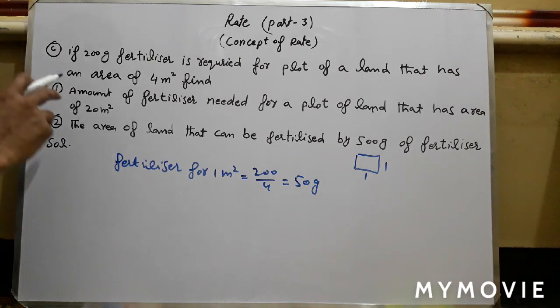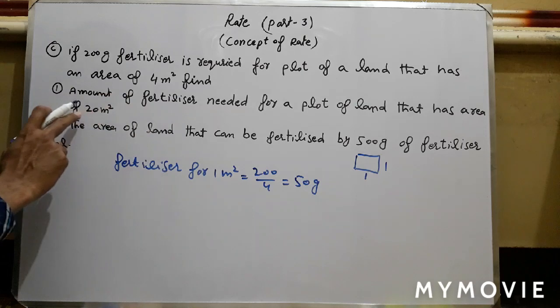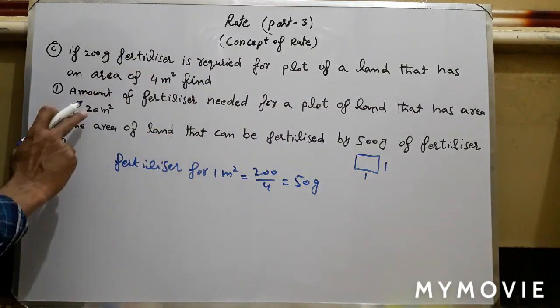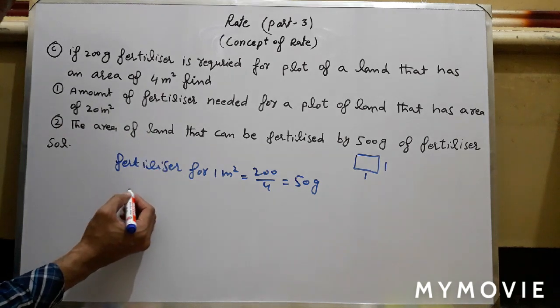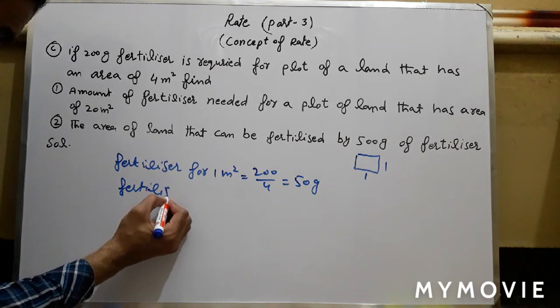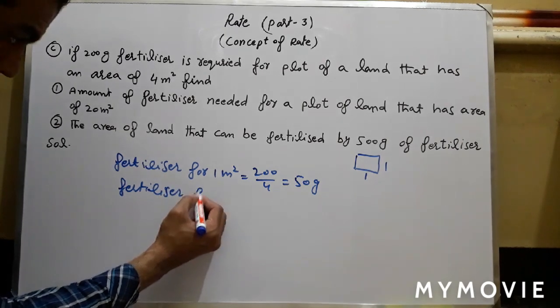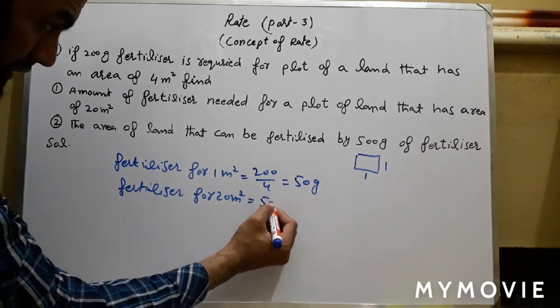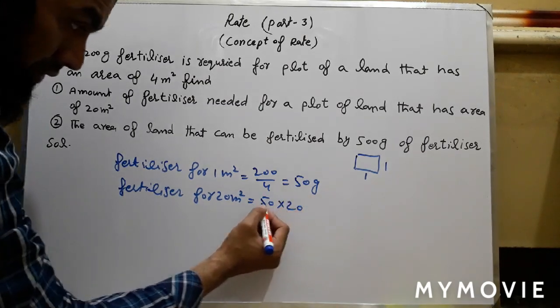And we find out the fertilizer needed for 20 square meters. Just simply 20 multiplied by 50.